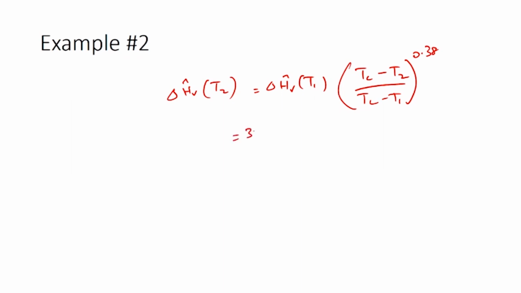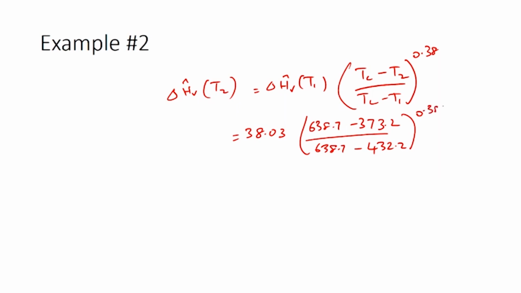Substituting the values, we will use the more accurate value in this case, which is from Trouton's equation, 38.03, times 638.7 minus 373.2 divided by 638.7 minus 432.2, to the power of 0.38. This gives delta H cap V at 100 degrees Celsius as 41.84 kilojoules per mole.